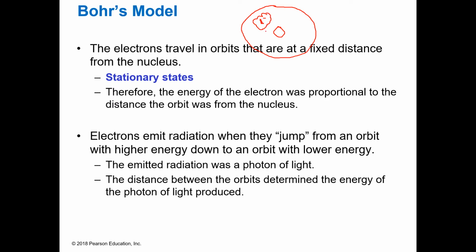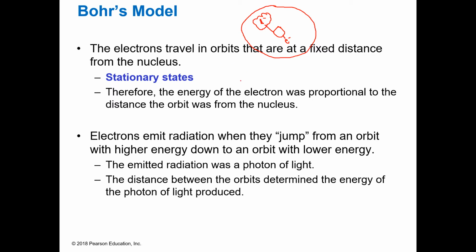It's still moving, but it's going to stay in a certain area that has a fixed distance to the nucleus. So there could be one electron there, there could be one that's even closer to the nucleus. So our electrons are going to be in a stationary state. Stationary is not quite the right word, because they are still moving. It's just they're going to be in one area outside of the nucleus.